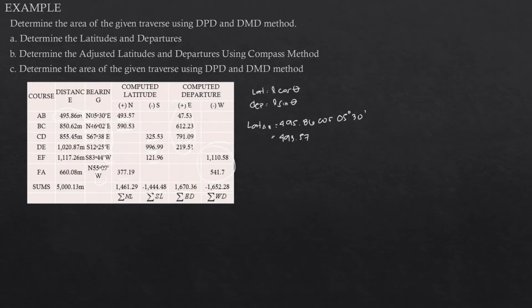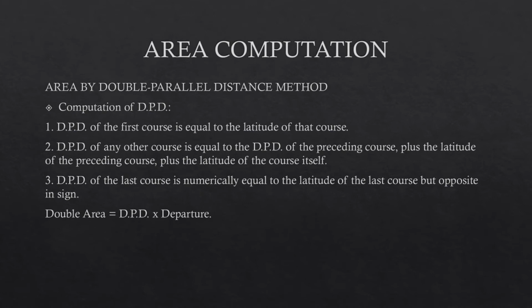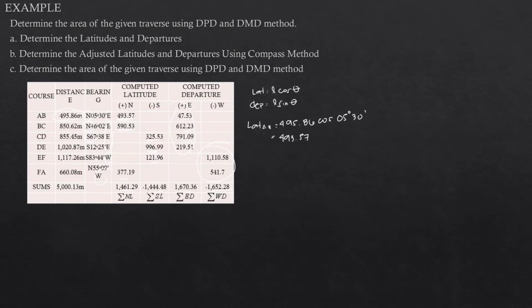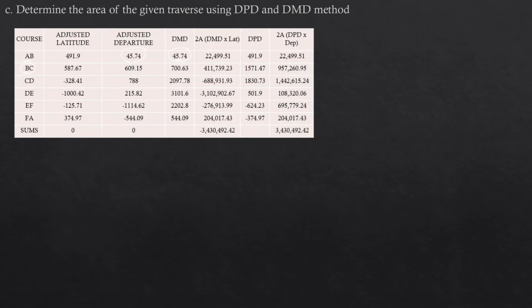sabi, DMD of any course or yung mga susunod na is equal to DMD of the preceding course, plus the departure of the preceding course, plus the departure of the course itself. Okay. Ayan. Then, paano nakuha itong 700.63?